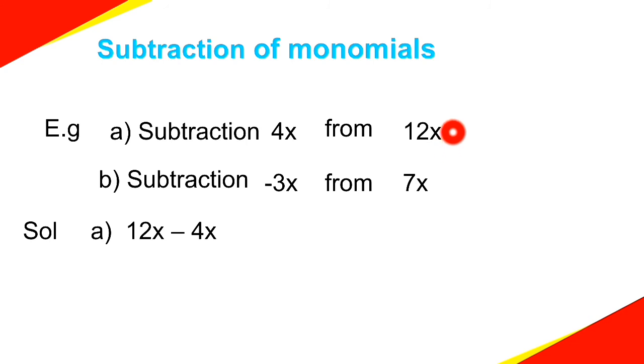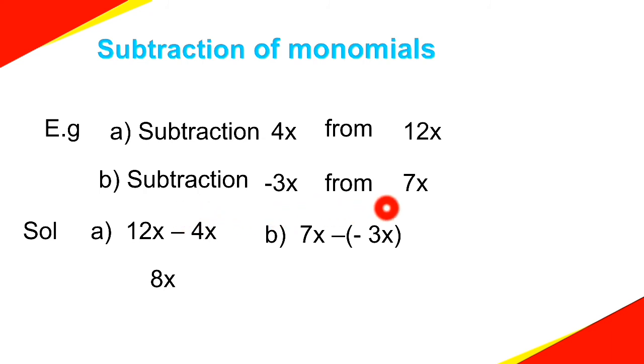So what is the second term we have? 12x, so that we will get first. 12x minus, what is the first term? 4x. So 12x minus 4x. Here both are same terms, meaning same variables. So 12 minus 4, what can we get? 8x. Very good.